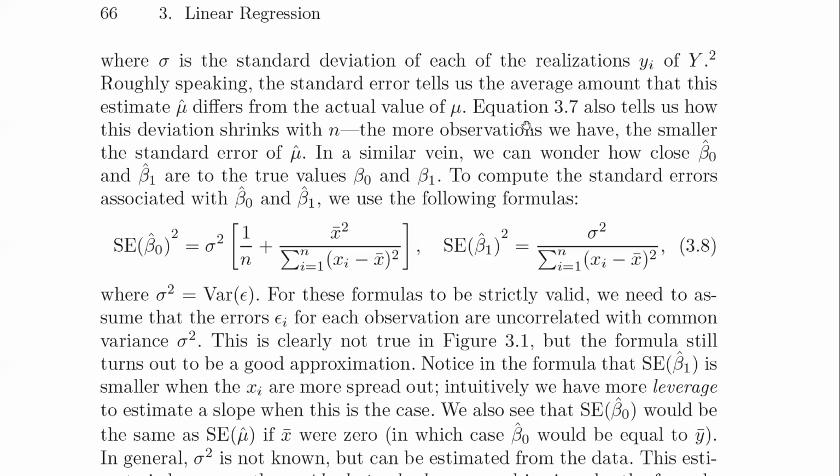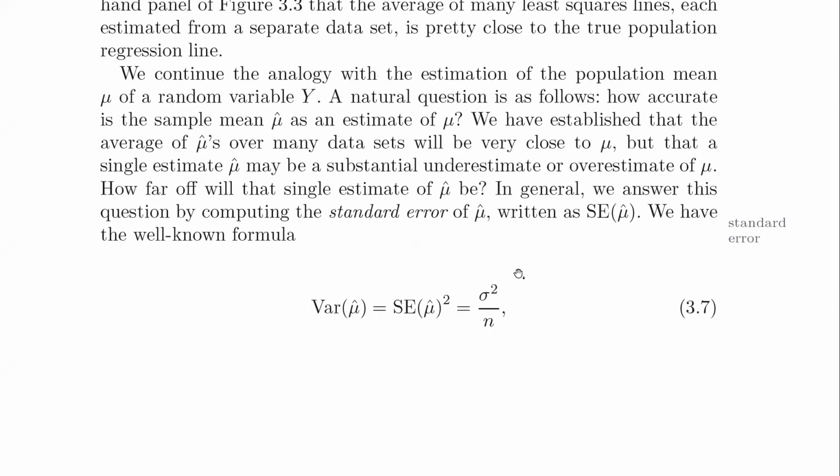You measure the standard error of your estimate, mu hat. So this is the estimate of the population mean. Using this formula, you square root the standard deviation squared all over n. This formula rewards you.